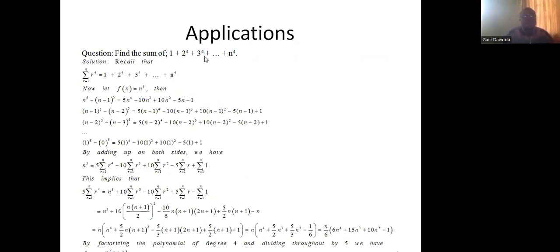Example. If we want to sum this, for instance, it is of the first type. So our f of n will be f of n equals n raised to power 5. As you write it out, f of n minus f of n minus 1 down to 0 like that, you will notice that everything gets eliminated, like I said, leaving you with n raised to power 5 on the left-hand side.